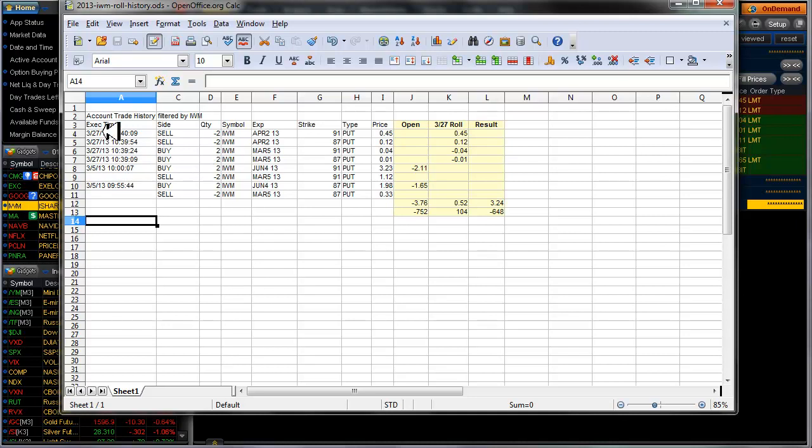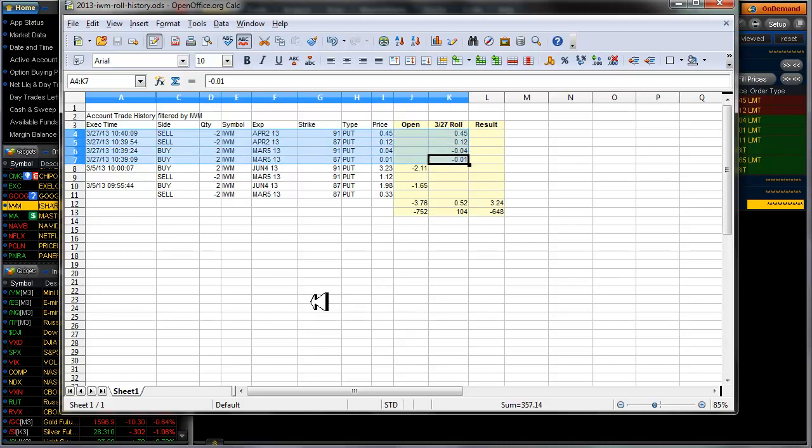If you take a look at just the rolls themselves, they're all right here, and you can see that I bought back the Marches for a total of 5 cents, and that didn't cost me anything in transaction costs, by the way. And then I sold these for 45 cents and 12 cents.